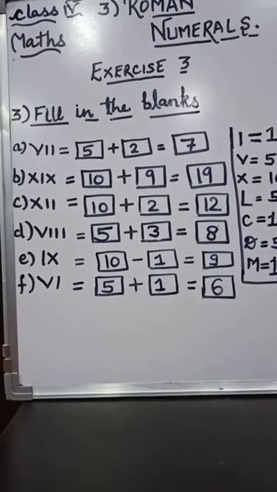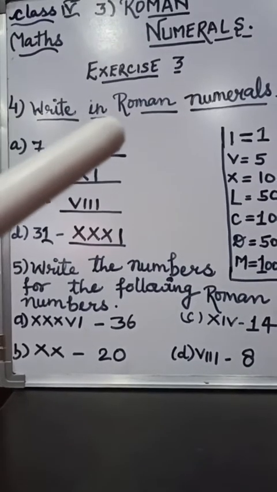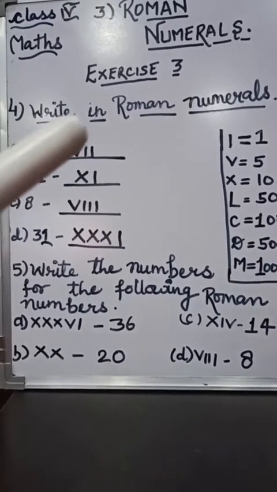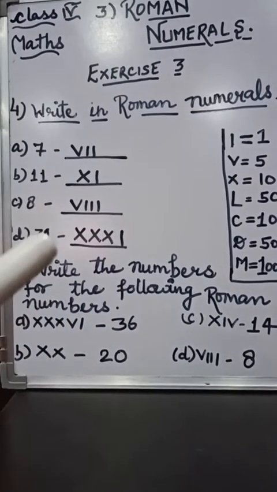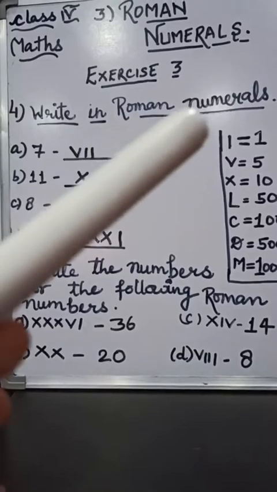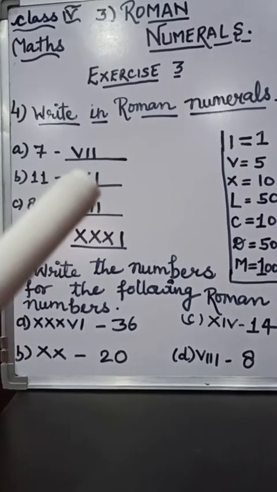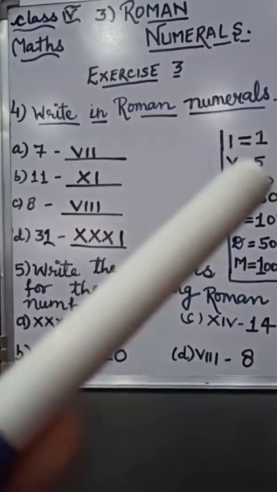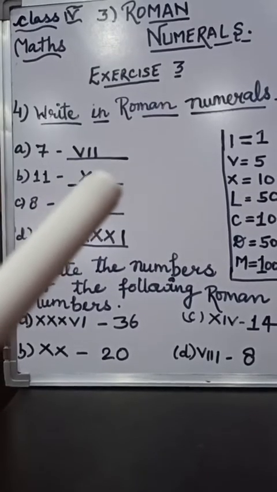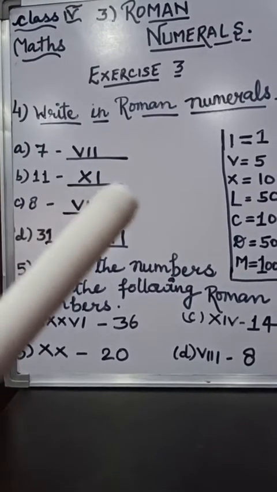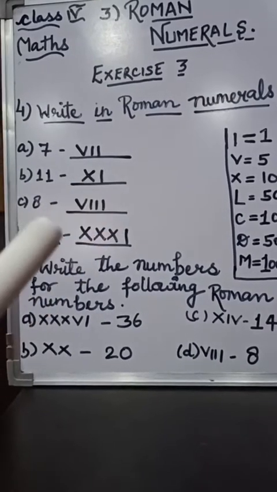Now let's see question number 4. Write in Roman numerals. Numbers are given and you have to write them in Roman numerals. 7 means 5 plus 1 plus 1. Then 11. 11 means X plus I, that is 10 plus 1, 11.